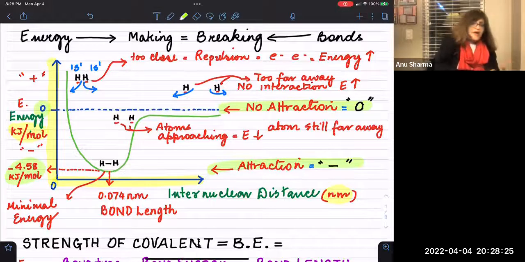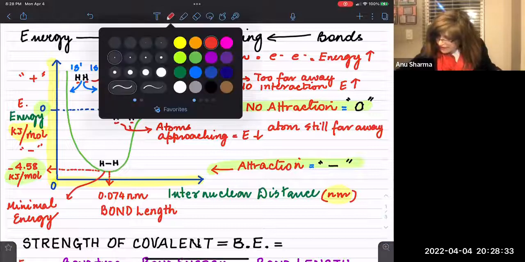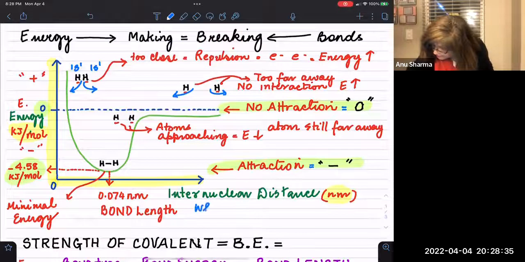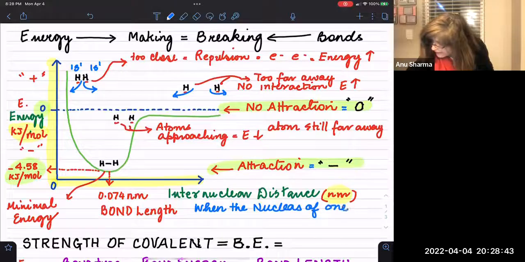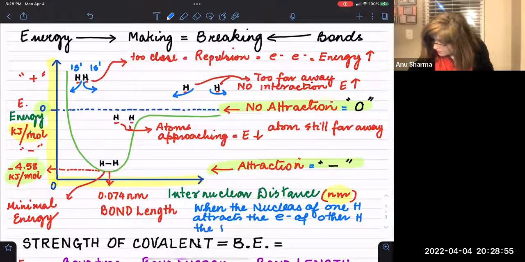Now let's look at once the atoms have come close enough. Let me write this down: when the nucleus of one hydrogen attracts the electrons of the other hydrogen, then the bond is formed.